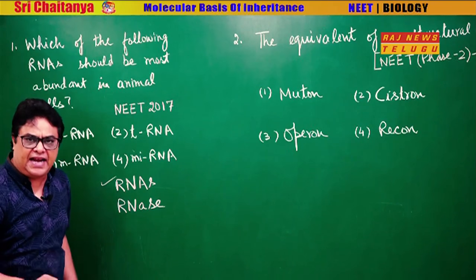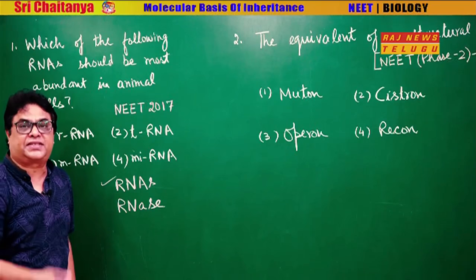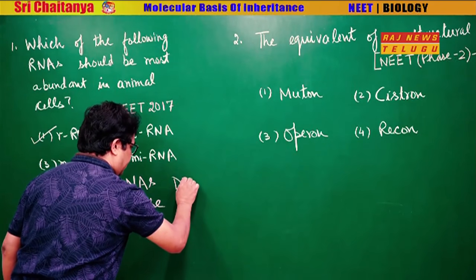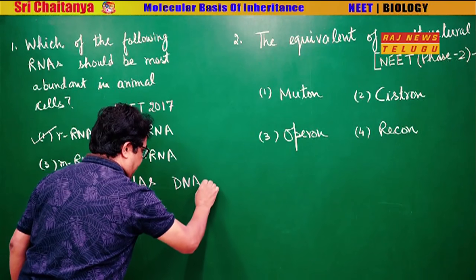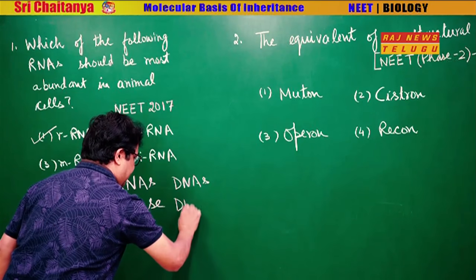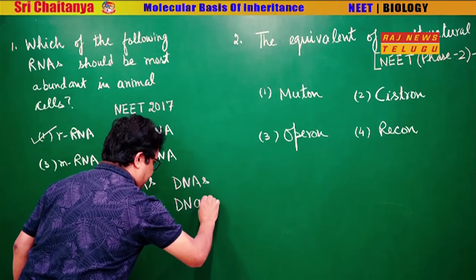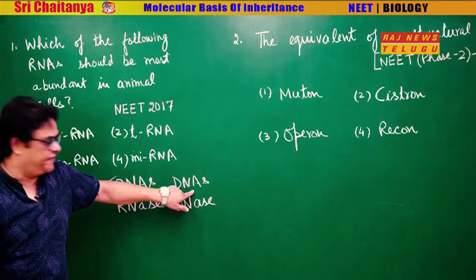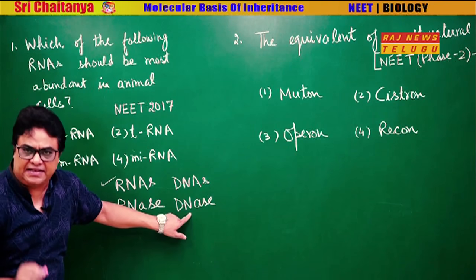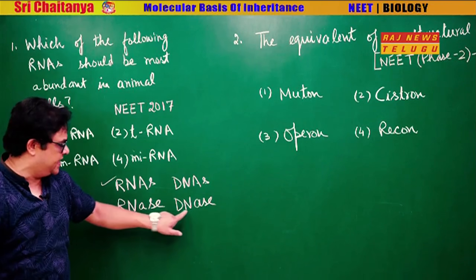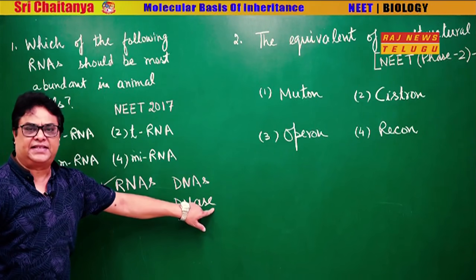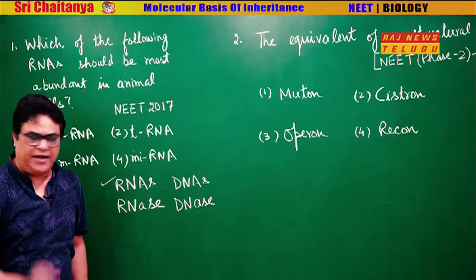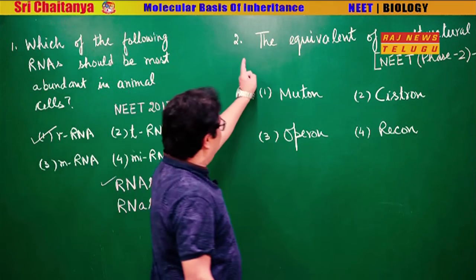This means an enzyme that digests RNA. Similar will be the case when you write DNAs, which is many DNA, plural of DNA, and DNAase, which is the enzyme that digests DNA. So when ASE is the suffix, it means we are talking about a DNA or RNA digesting enzyme. Clear?